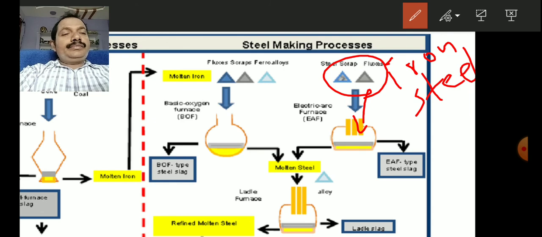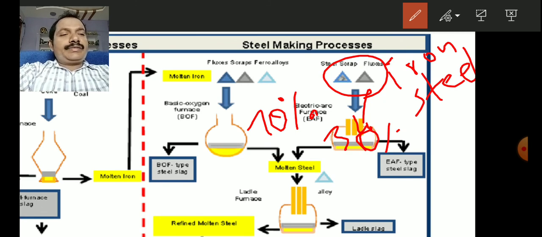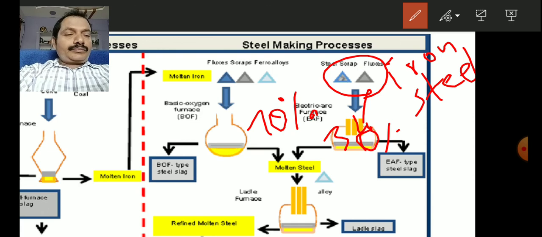So this is to balance: 70% is from this and 30% is from this. Both are 70% and 30%, total 100% is added into the furnace.